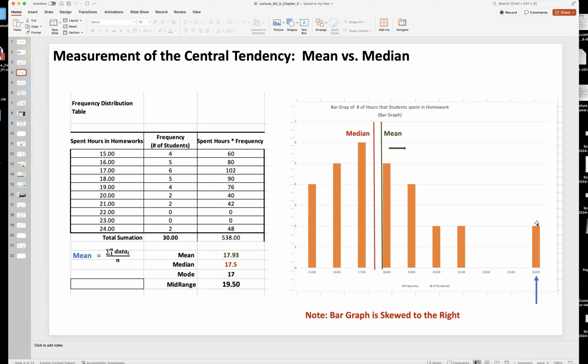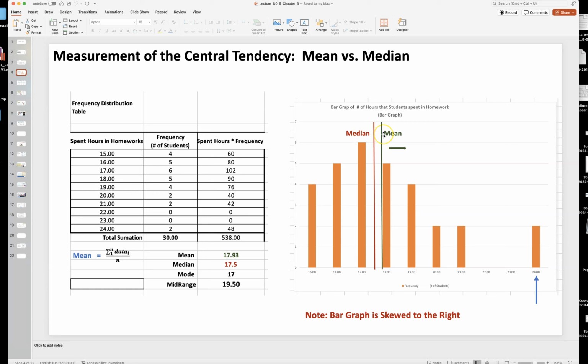Okay? Because the mean value is going to be biased by these 2 guys over here. And that's why I say this is skewed to the right. Sometimes it's skewed to the left. It depends how the median value compares to the mean.